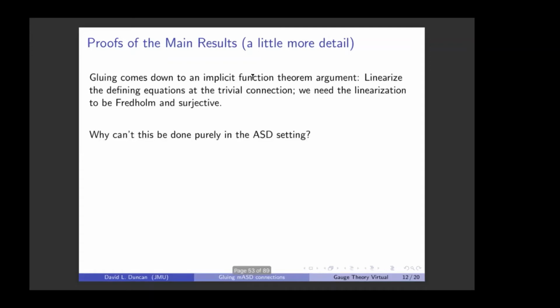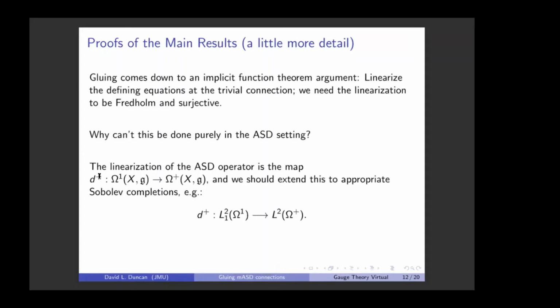So how does that look, and why can't it be done purely in the ASD setting? The linearization of the ASD operator is the de Rham operator coupled with your Lie algebra, and then you take the self-dual part of it. Now, you want to be working in a context in which you can use an implicit function theorem, so take Sobolev completions, and do the ones whose first derivative is in L2, mapping into L2, for example, would get you started at least. So this operator will take in a 1-form and spit out a self-dual 2-form.